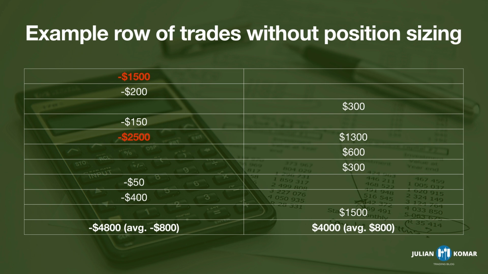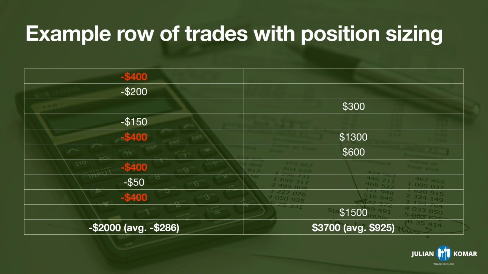And if you look at the averages here, the average loss is 800 and the average profit is 800. So they are equal. And then it more depends on the hit rate and if you make money with the strategy or not.